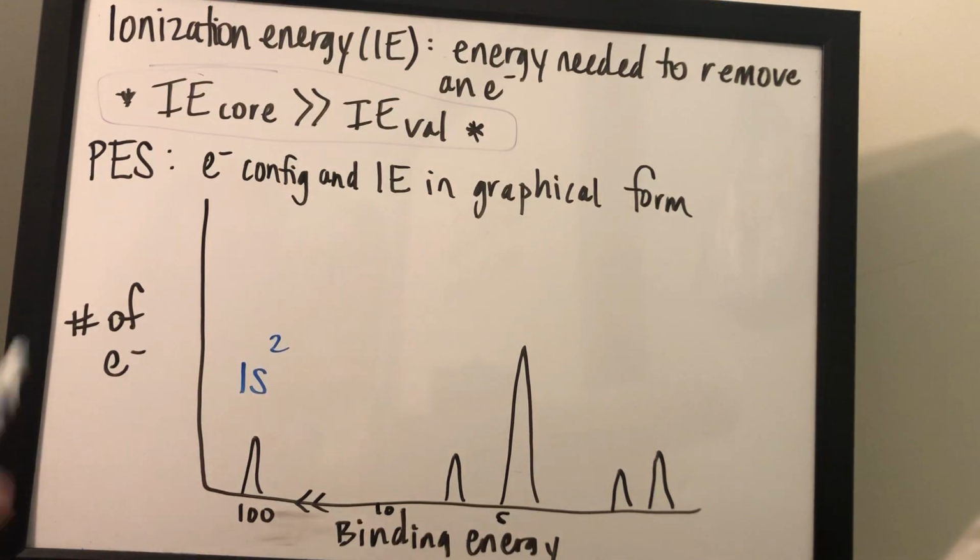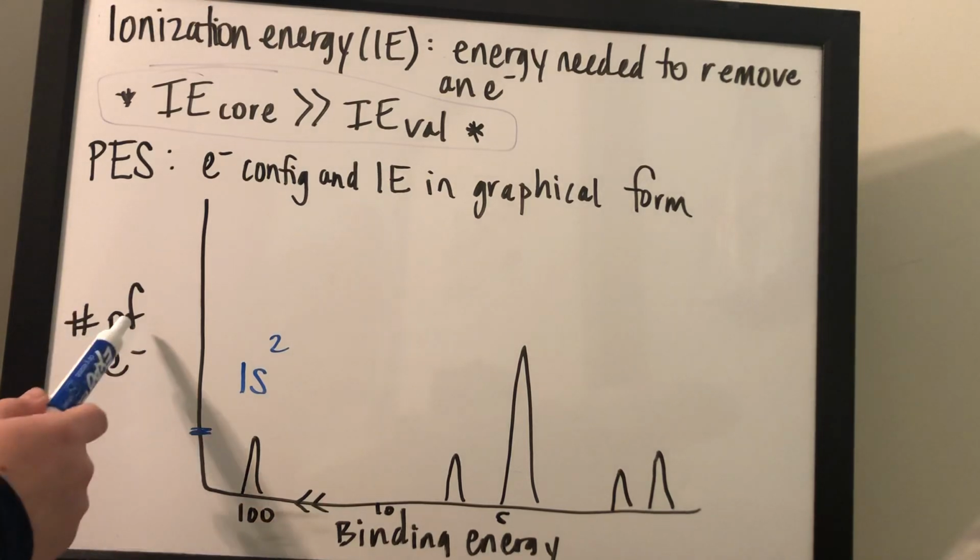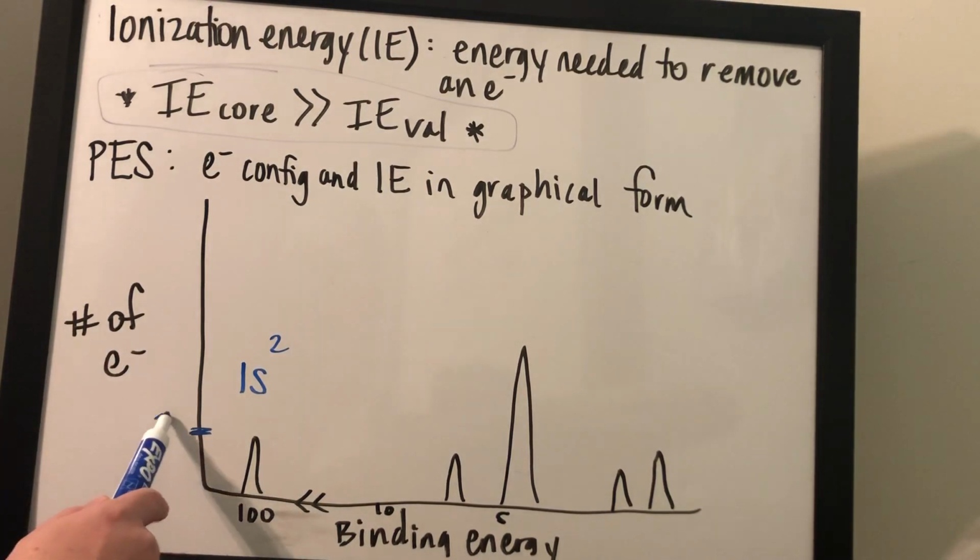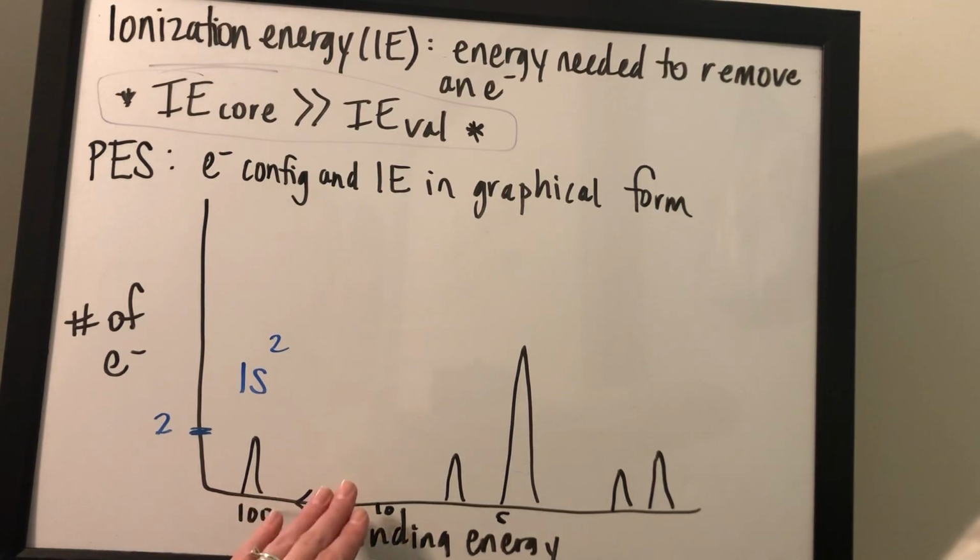Keep in mind the y-axis is marked so that this peak represents the number of electrons. In this case, it's going to be 2, and we know that because the 1s orbital is full. Now notice, your energy decreases quite a bit because the next set of electrons, the 2s, would be much easier to remove than the 1s.